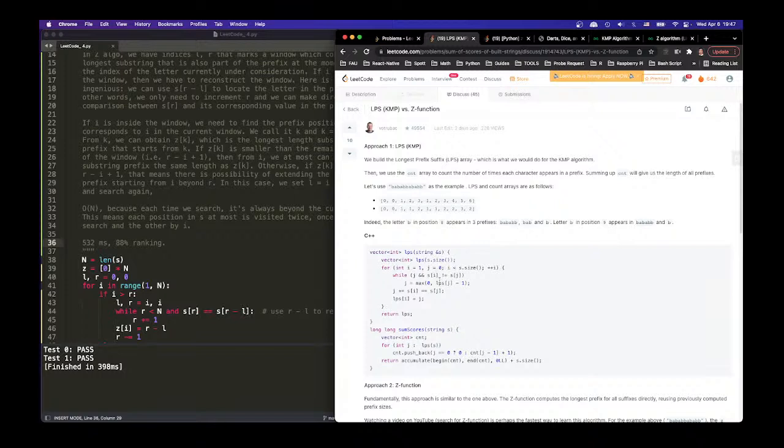Count, what's count? Count is the number of times each character appears in a prefix. So this is the number of times it appears in one prefix, two prefixes, three prefixes. That's true. And then we go j one by one, right? For each one, if j is 0, then we just push in 0, because this one does not appear in any prefix.